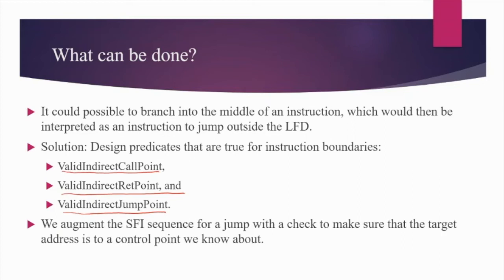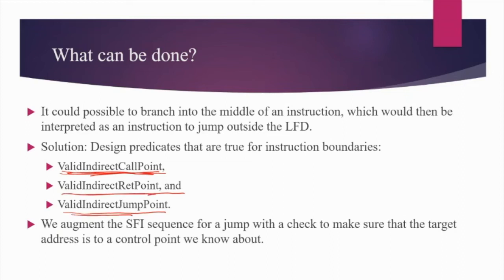So we can have a list of all the valid indirect call points, and whenever the conversion is done, we will check whether this converted value lies within the range of the valid indirect call points or not. The same goes for return pointers and jump points.